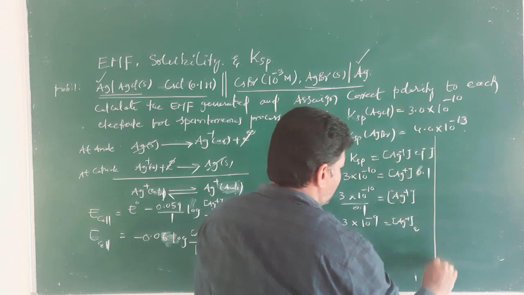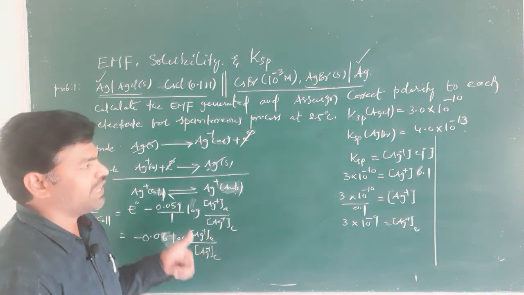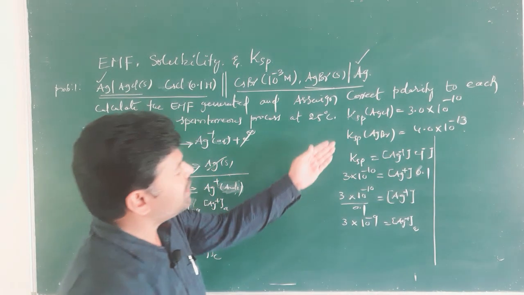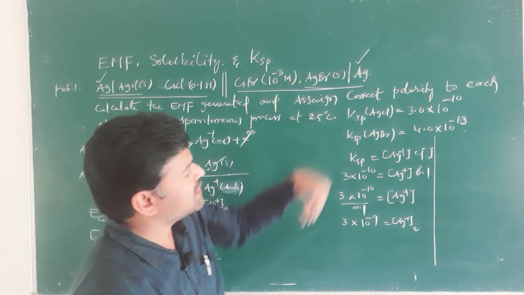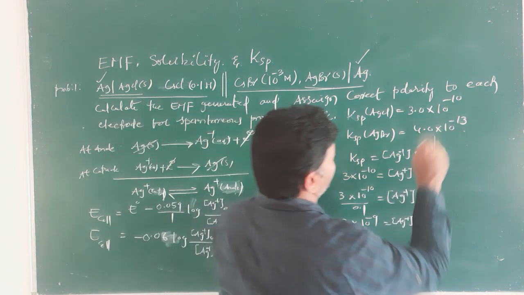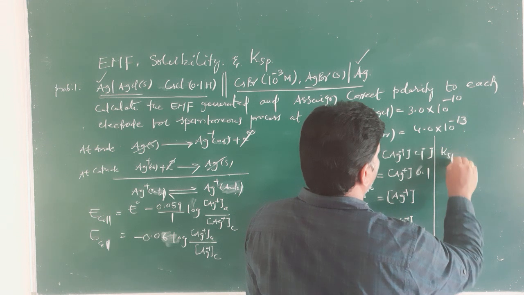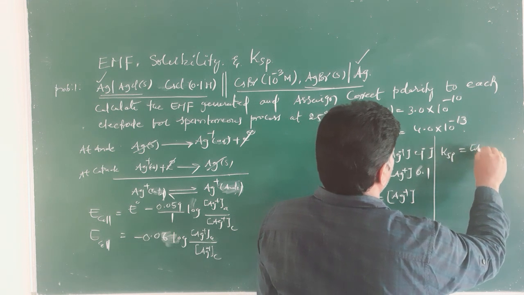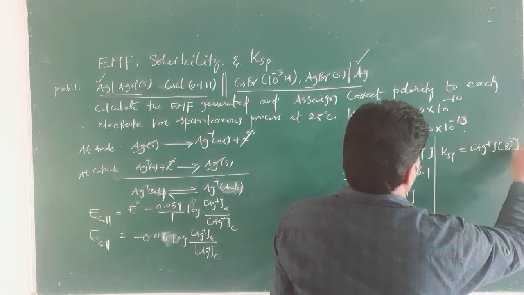And now we shall calculate concentration of Ag plus at cathode, that is solubility product at cathode. KSP of AgBr is given by 4 into 10 power minus 13, that is concentration of Ag plus into concentration of Br minus.